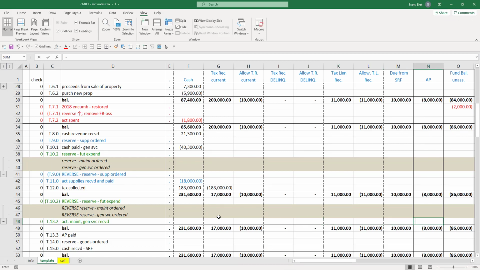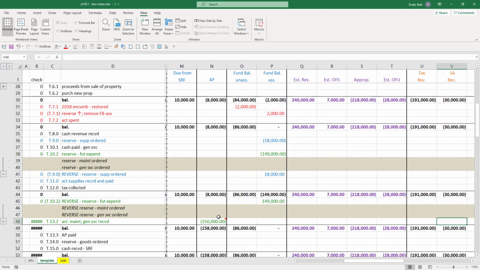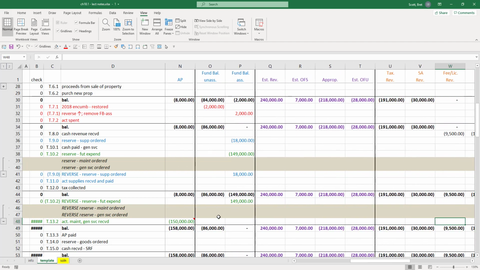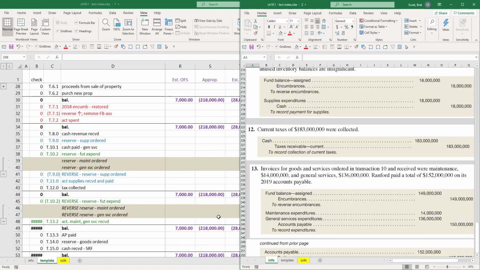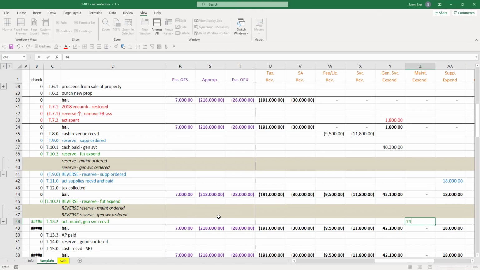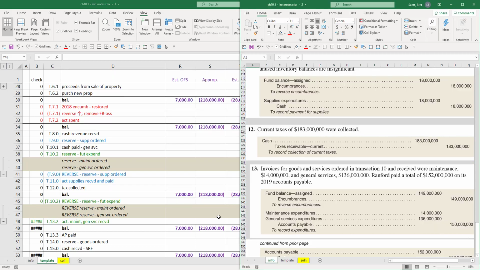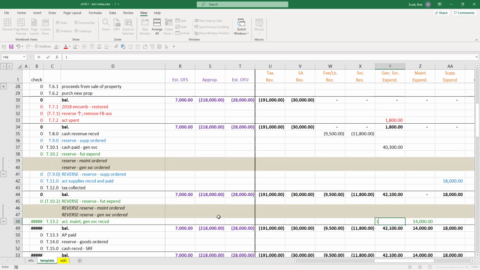150. And then what was the actual amount of expenditures? Maintenance, 14. And the other one was general services for 136. The total of those is 150.